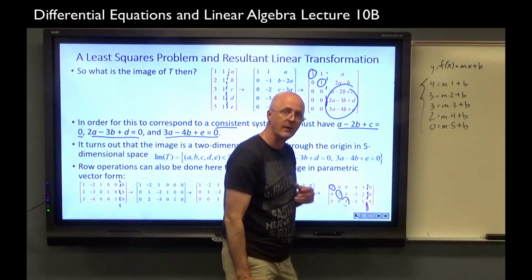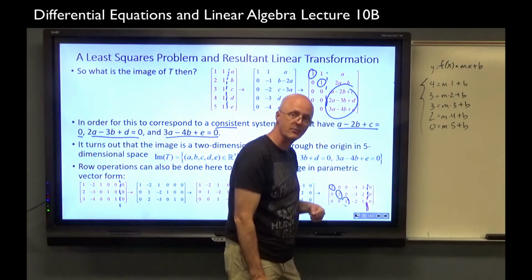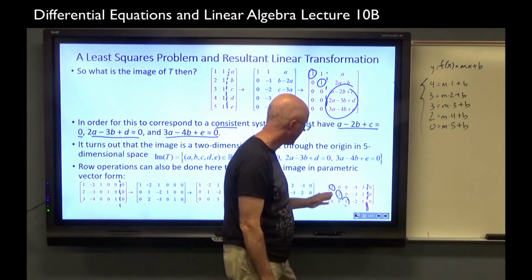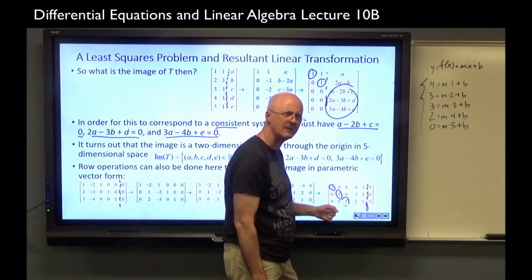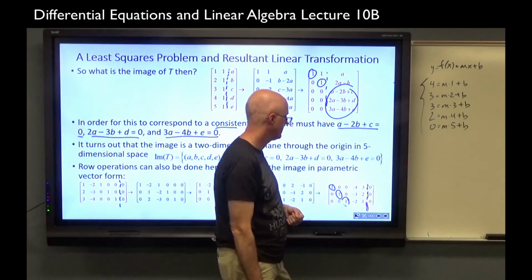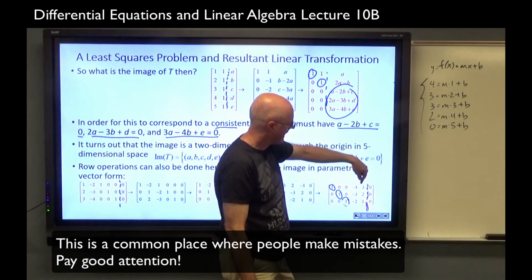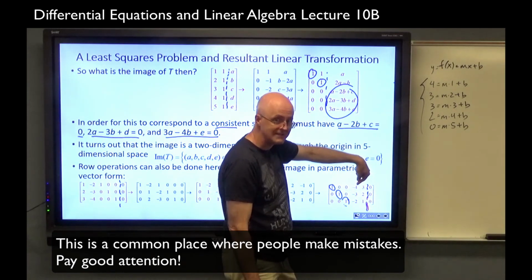D and E, when I write the solution set in parametric vector form, are going to be what are called free variables. A, B, and C are going to be what are called basic variables. We'll write A, B, and C in terms of D and E. Essentially, imagine adding 4D to both sides and subtracting 3E from both sides.